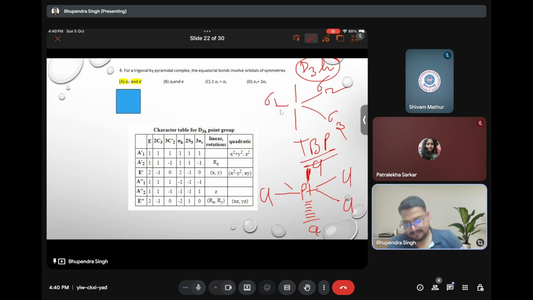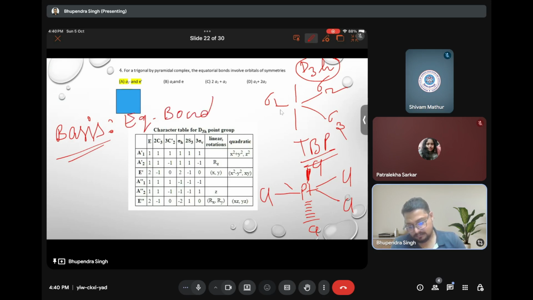So here the bases are your equatorial bonds. Okay, so bases are equatorial bonds.